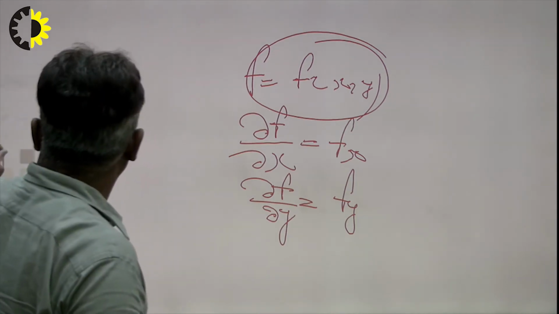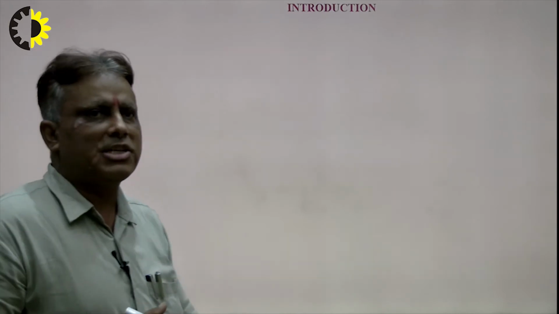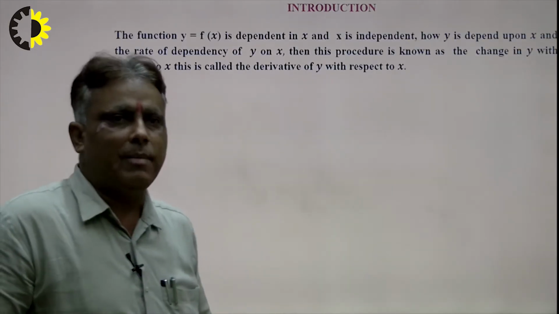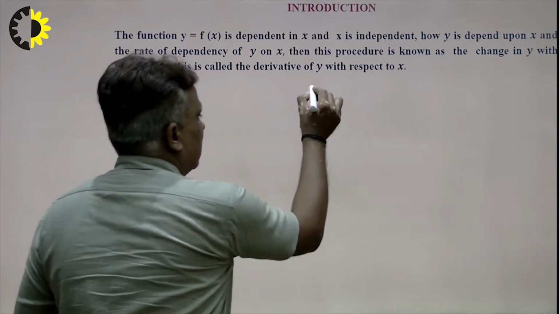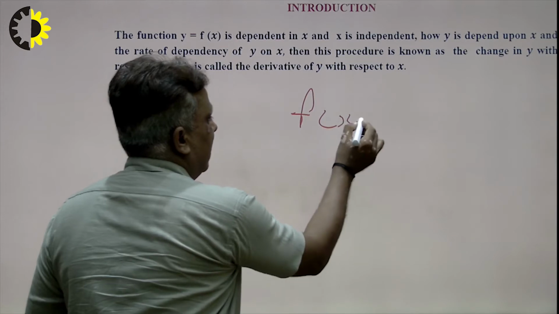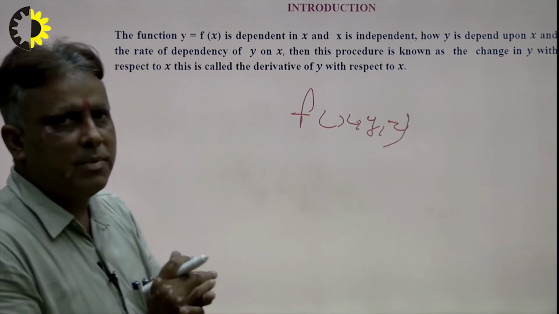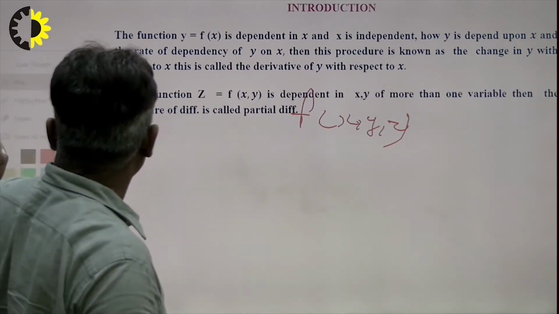In this way we have introduced what is partial differentiation. If a function contains more than one independent variable, maybe 1, 2, 3, suppose f is a function of 3 variables x, y, z, then there exists a partial differentiation. Such a type of derivative is known as partial differentiation.